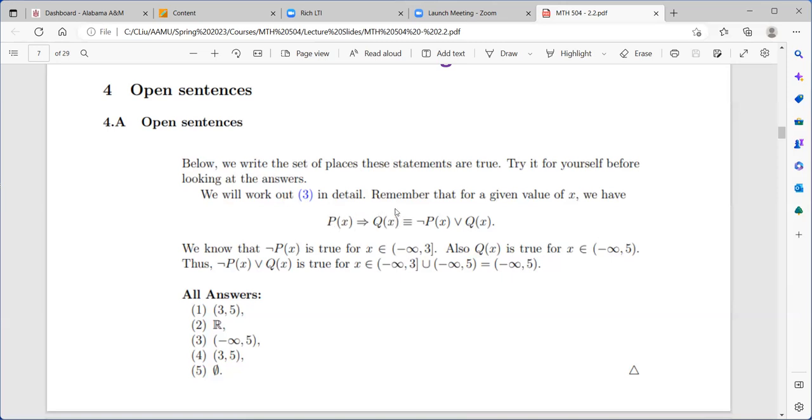Instead, you want to make a little change, or change it to an equivalent open sentence to work with.